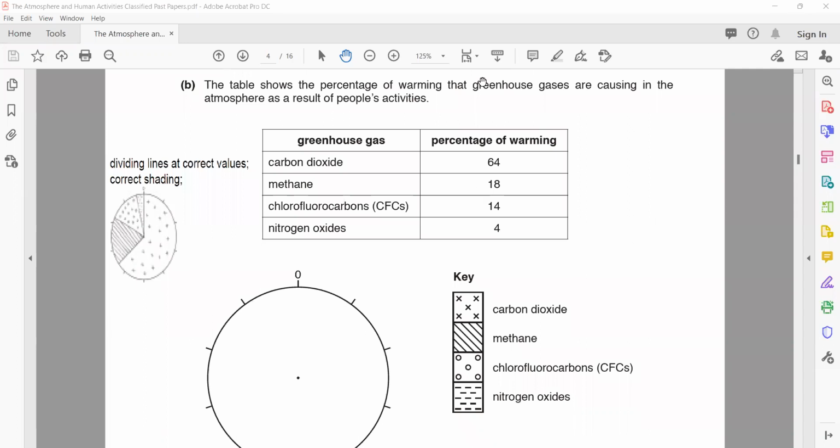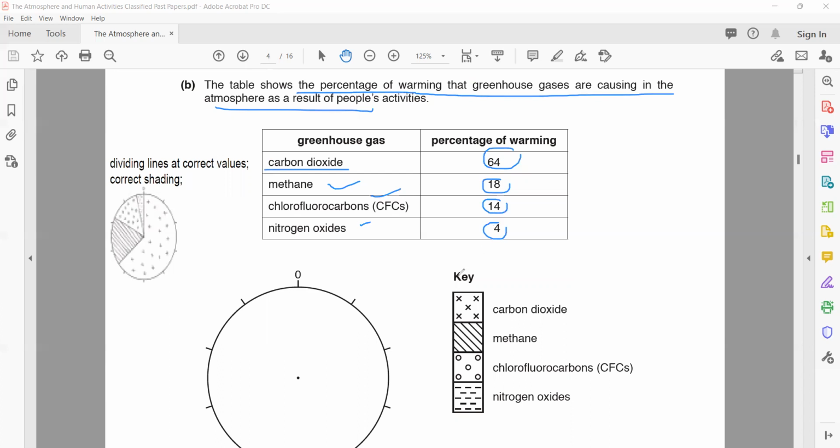After that, they're saying there is a table that shows the percentage of warming that greenhouse gases are causing in the atmosphere as a result of people's activities. So which gases here? They're saying carbon dioxide is how much? 64%, methane is 18%, chlorofluorocarbons 14%, and nitrogen oxide 4%.